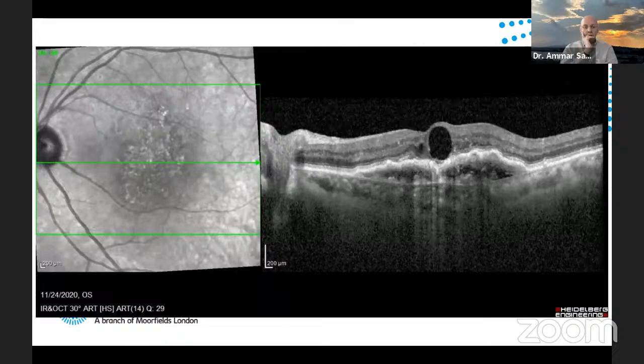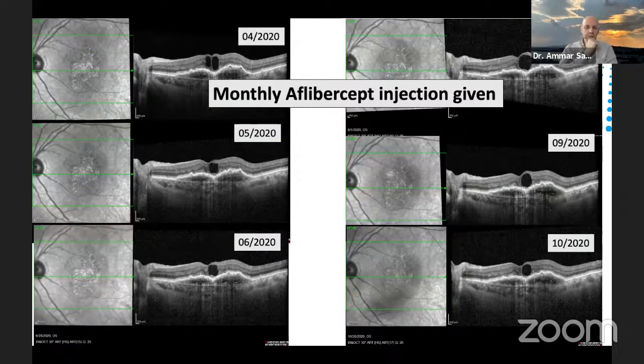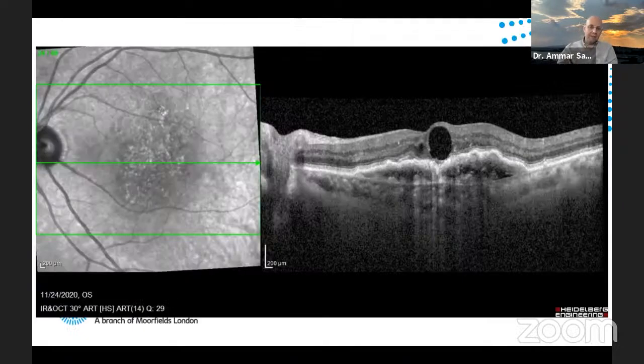I saw him just a few days ago, on the 24th of this month, and this is how he looks. This is why I wanted to present this, because supposedly we were treating this patient with the best medication we have and really have not gotten anywhere. So I discussed with him the availability of brolucizumab and my short experience with the medication, and he was very keen to do the injection.